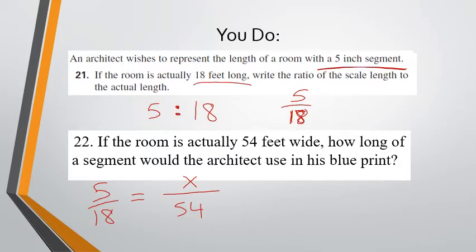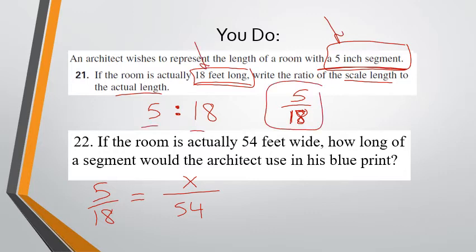So as we look at this, it says we wish to represent the length of a room in a 5-inch segment here. And we know the actual room is 18 feet long. So you can write this as a scale of length, scale length to actual length. Well, the scale length is 5 and the actual length is 18. So it's 5 to 18 or 5 over 18 as a fraction. So then they say, hey, what if the actual thing is 54 feet?